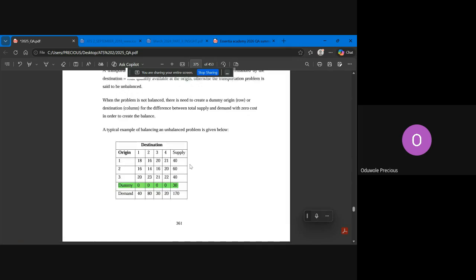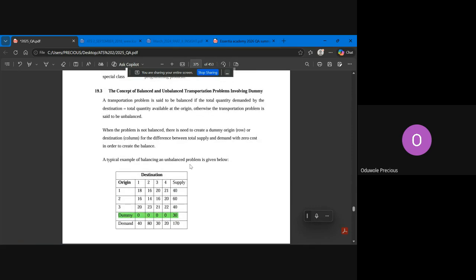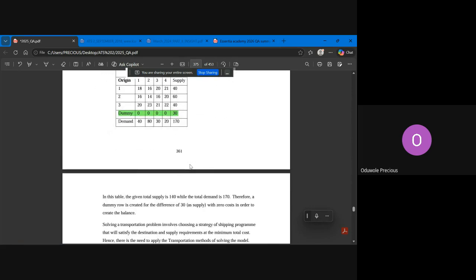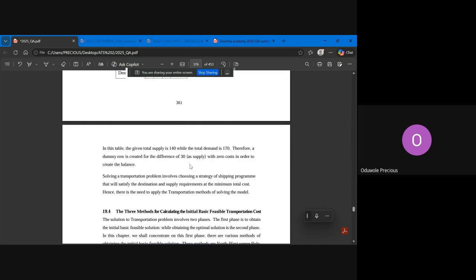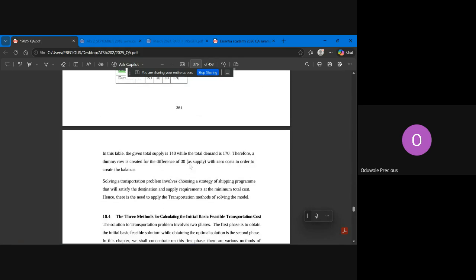So you use the dummy either for the row or the column, depending on where the missing figure needs to be balanced. Okay. So that is another thing that you should know.